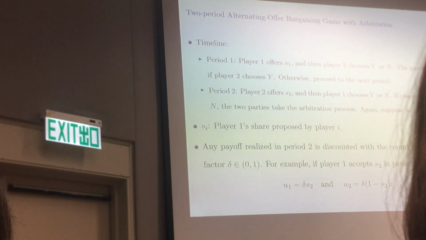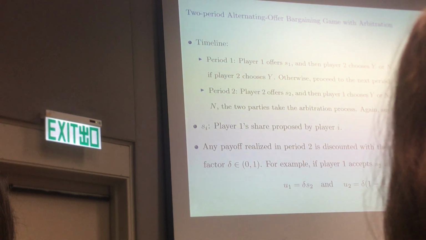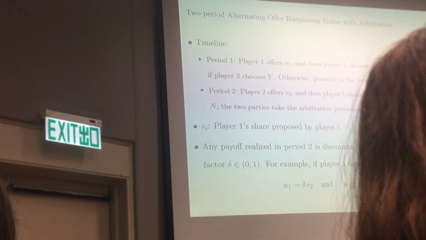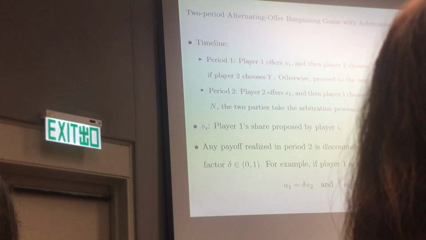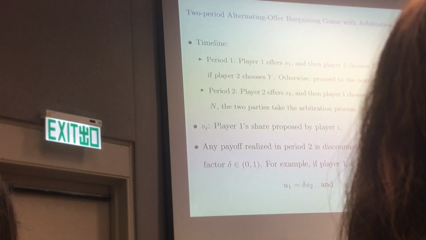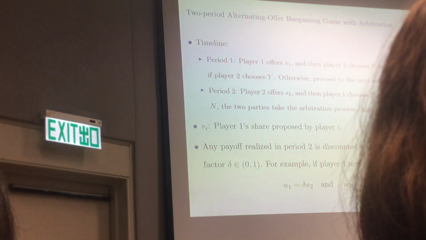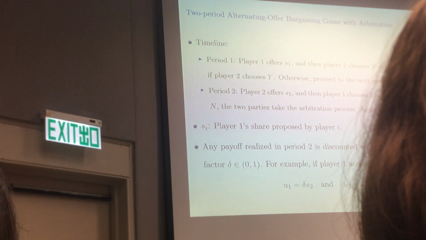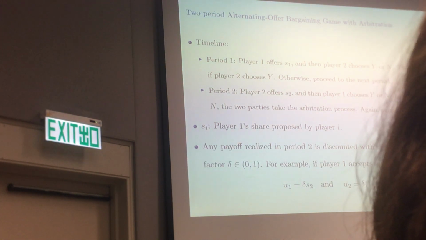So $1 today and $1 next year, they value differently. $1 today is more valuable than $1 next year. There can be many reasons. For example, if you save $1 today in the bank, then there is typically some interest, so you will enjoy more than $1 next year. That's why $1 today and $1 in the future are valued differently.